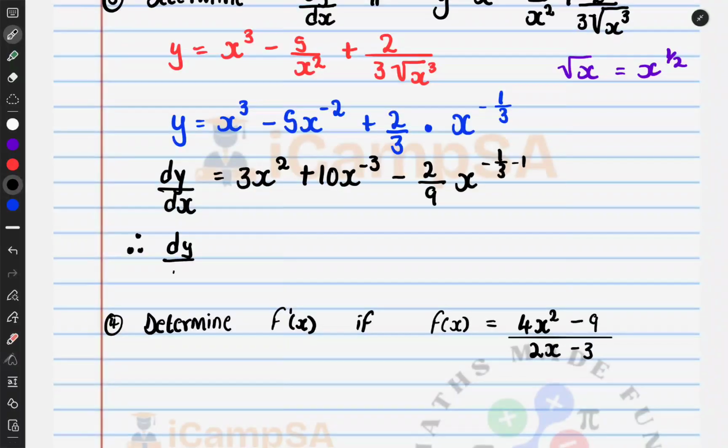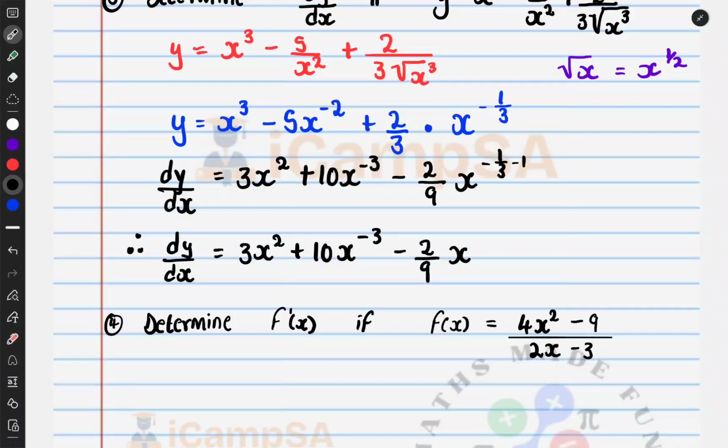Therefore dy/dx is equal to 3x squared plus 10 x to the power of negative 3 minus 2 over 9 x to the power of, what is negative 1 over 3 minus 1?